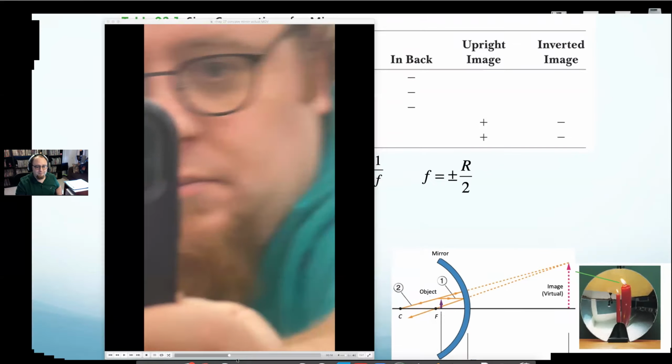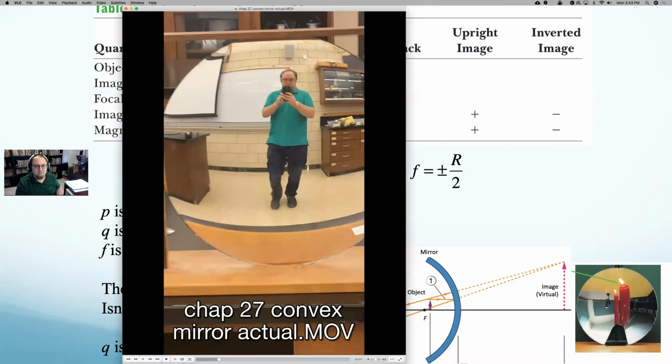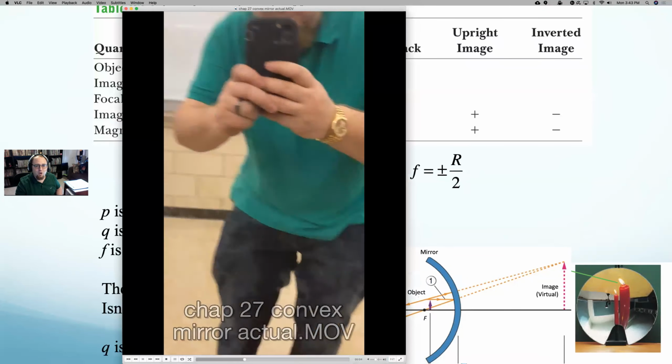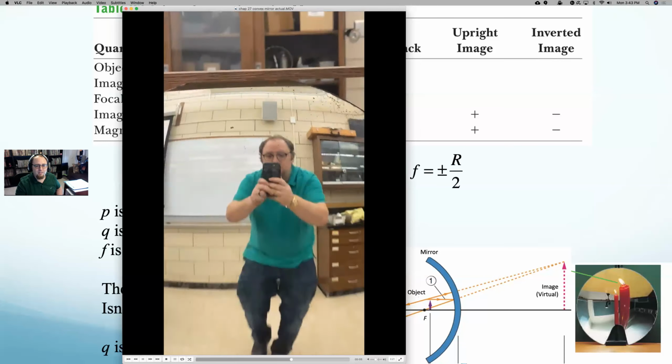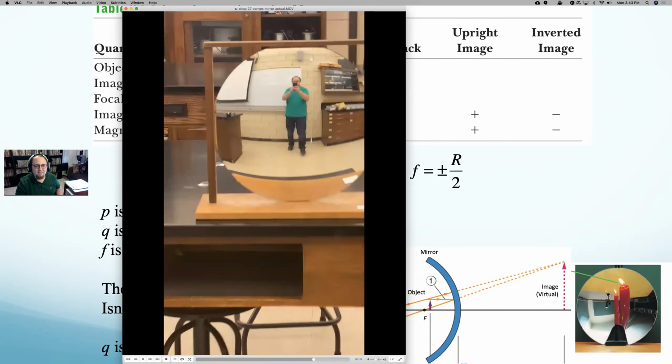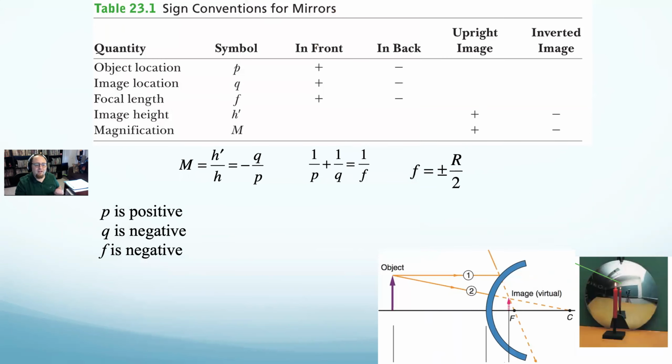However, for a convex mirror, I am always upright, and I look a bit smaller than I normally do. For a convex mirror, F is negative.